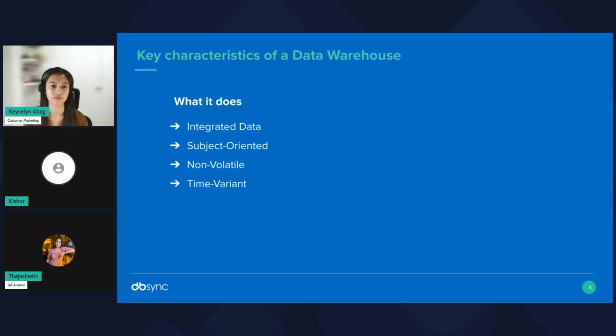And we can also store time variant data. This is specifically with respect to accessing certain data within specific periods, such as last quarter or last year or a specific month. So this makes it possible to track trends over a particular pattern or over time.